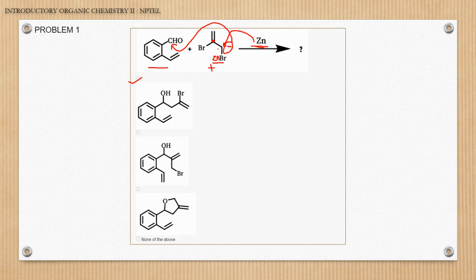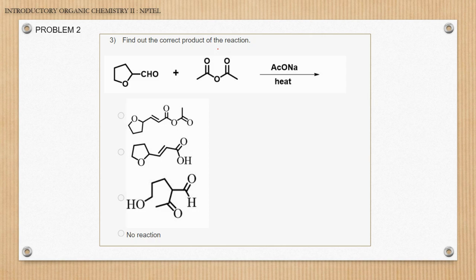So coming to problem number 2. In problem number 2, they are telling you to find the correct product of the reaction. So now again you have to find the product of this reaction. What is the condition? They have taken an aldehyde and an acid anhydride, and they have treated it with sodium acetate in the presence of heat.